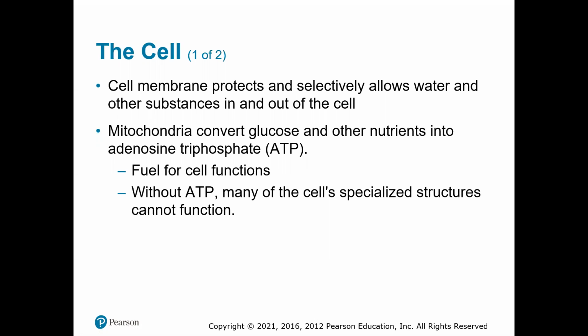But during a refinery process, in this case, mitochondria, it breaks it down into a much better fuel, like gasoline. It's a fuel for the cell functions, and without ATP, many of the cell's structures just wouldn't function. It's what makes glucose so important in our activities.